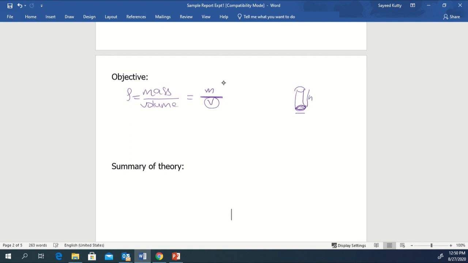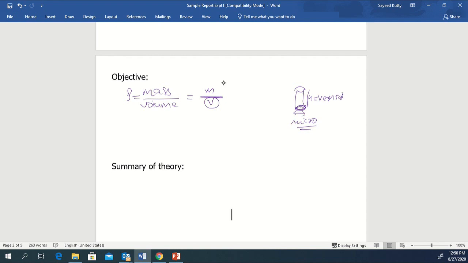We already trained you how to use the micrometer. In this experiment, we ask you to use the micrometer to measure the radius or diameter of the cylinder, and we ask you to use the vernier caliper to measure the height.